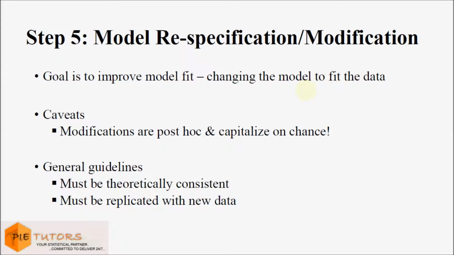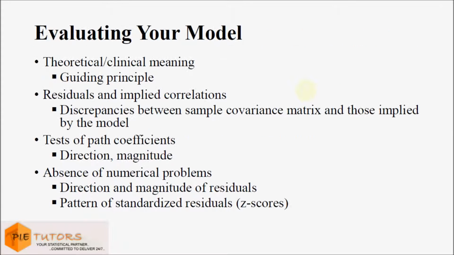They capitalize on sampling error. Therefore, modification indices suggest changes based on empirical evidence which may not have theoretical evidence. Therefore, the general guideline to keep in mind when conducting SEM analysis is that they must be theoretically consistent and we should be able to replicate it with new data.